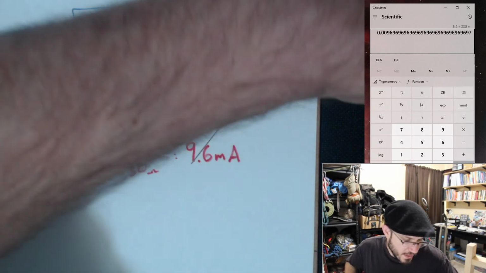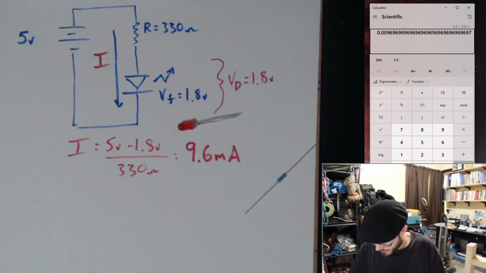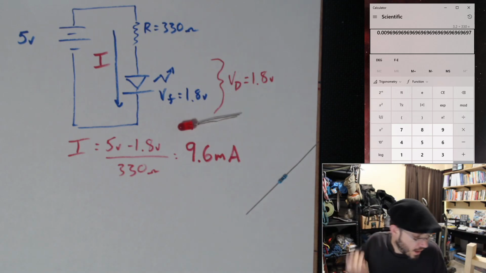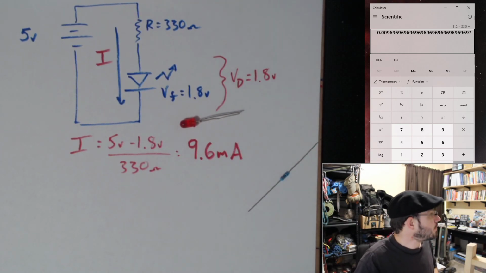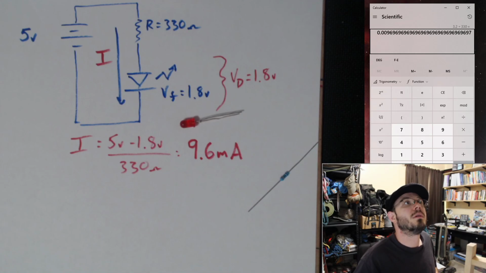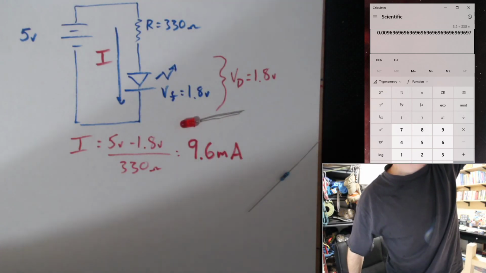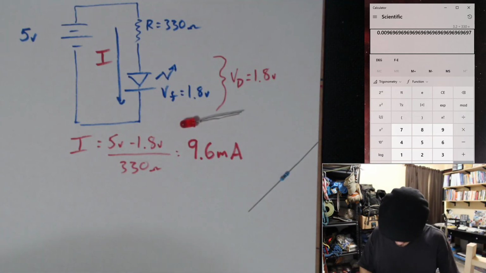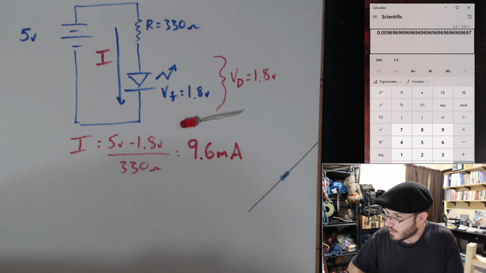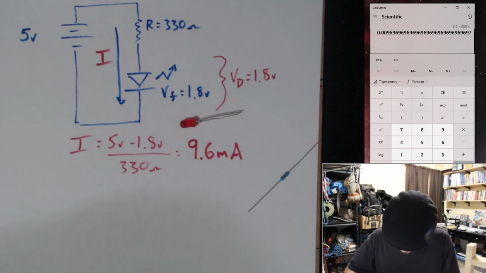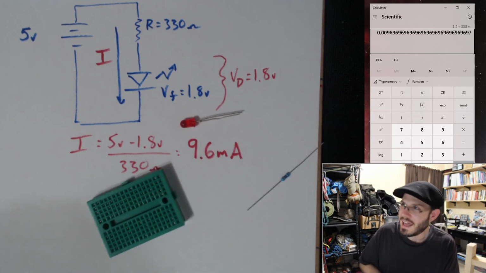Here's my hopefully not burnt out LED. I'm going to set this up using a breadboard. I've got just the one. Pick a color: I've got yellow, white, black, green, blue, green. Look at that, I got a green breadboard.